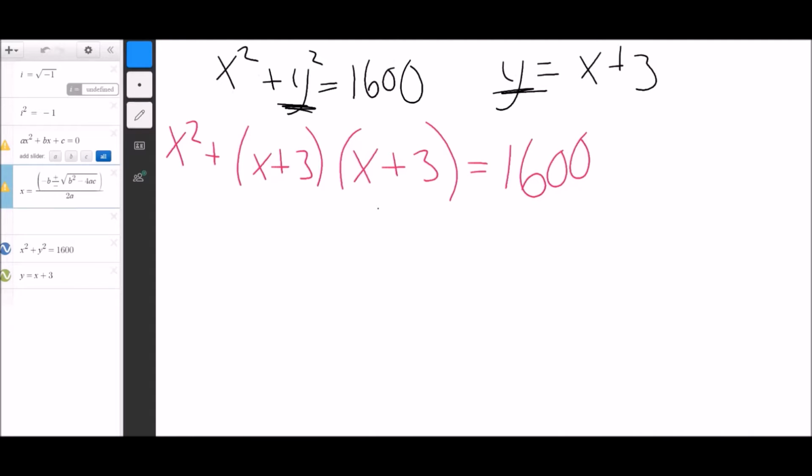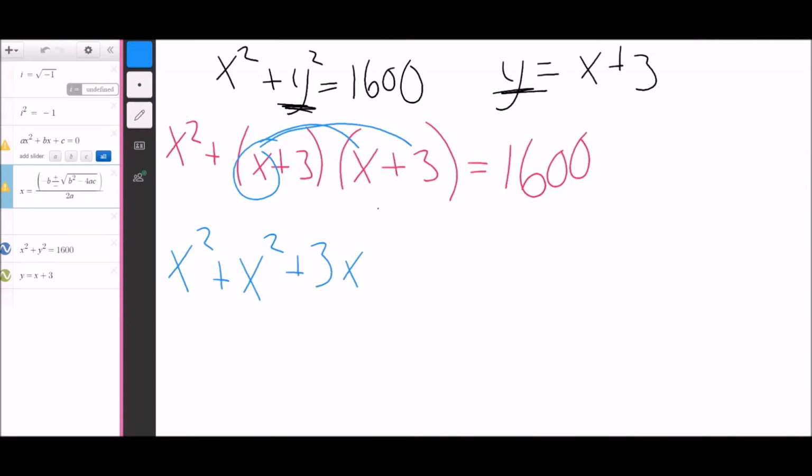Okay, so now you're going to distribute x. So x times x, which would be plus x squared, then x times 3 would be plus 3x.